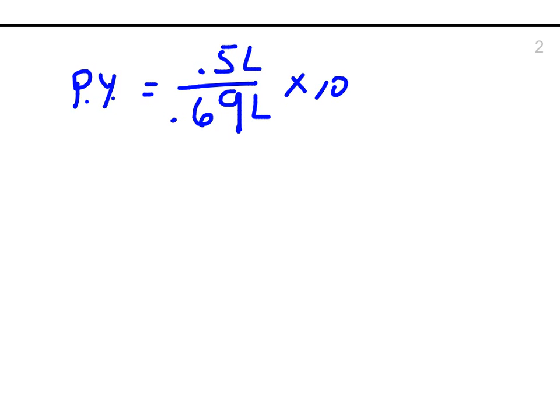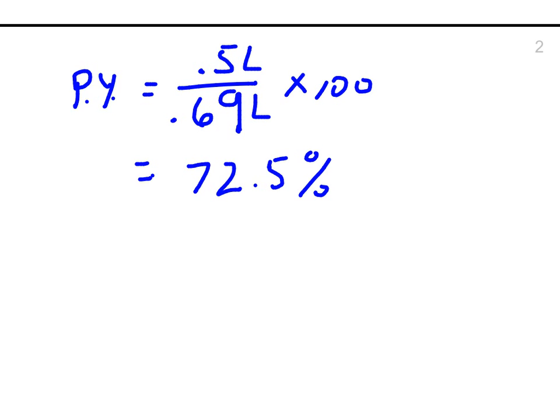Percent yield is going to be 0.5 liters divided by 0.69 liters times 100. The percent yield was equal to 72.5%. You don't usually worry about sig figs so much when you're figuring out percentages. There is a convention that says to run it to 2 decimal places. In my opinion, if you run it to 1 decimal place, it's just fine.